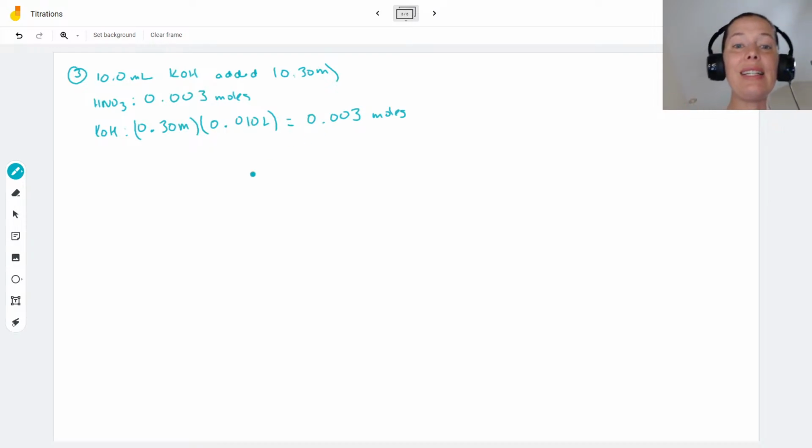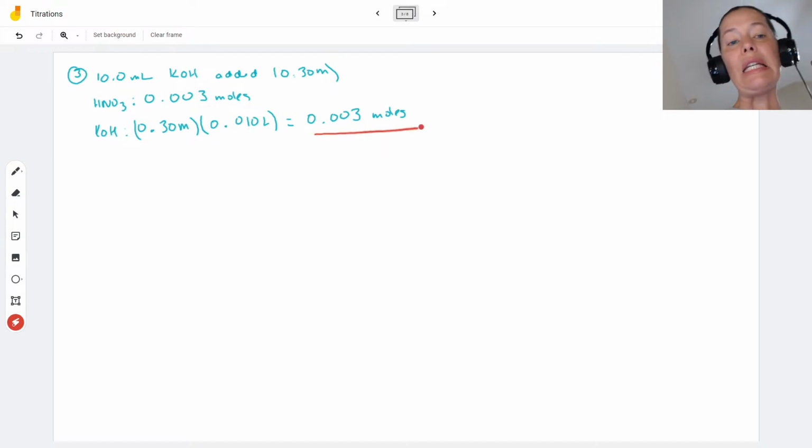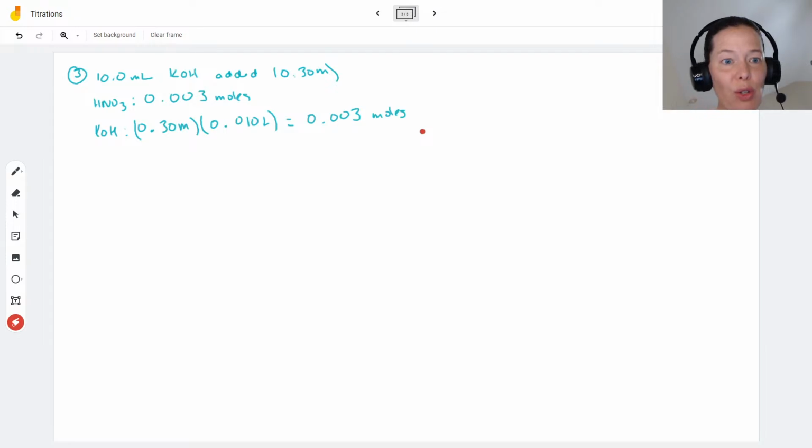All right, this is actually done on purpose because when our moles of acid equal our moles of base in a 1-to-1 ratio, which we do have, then we are at the equivalence point. So remember when doing titrations, your equivalence point is a stoichiometric point where your moles of acid equal your moles of base, assuming you've got a 1-to-1 ratio like we have.